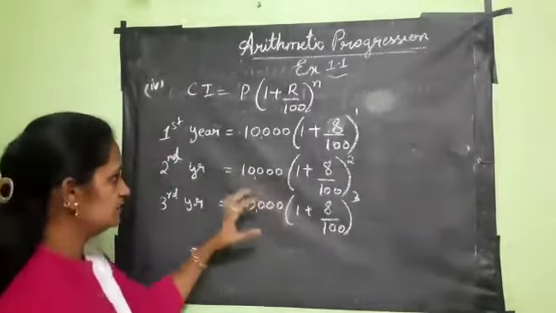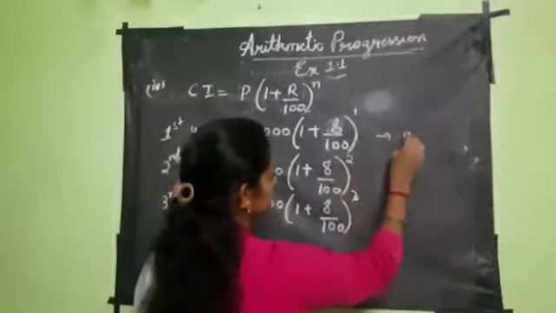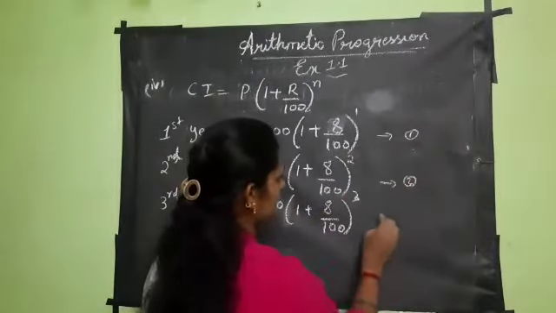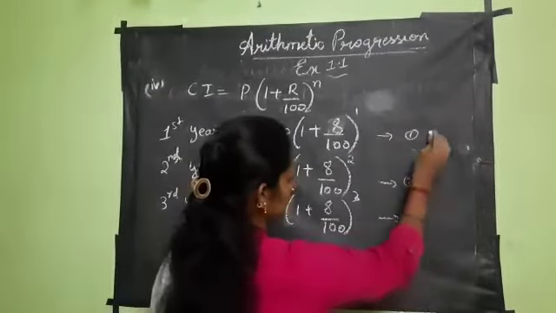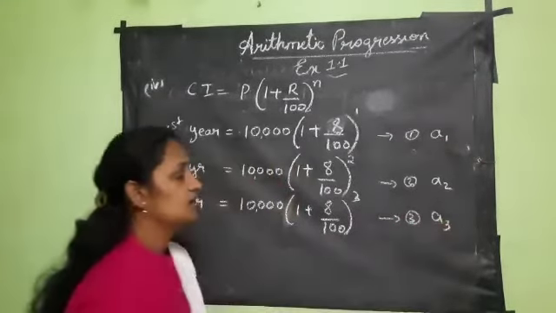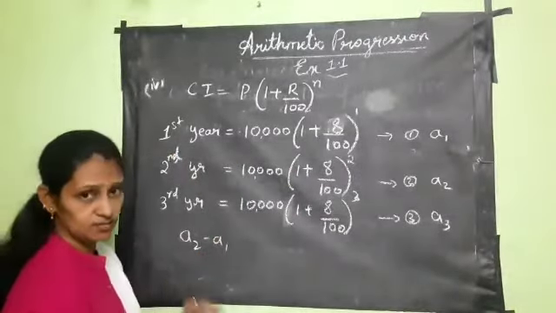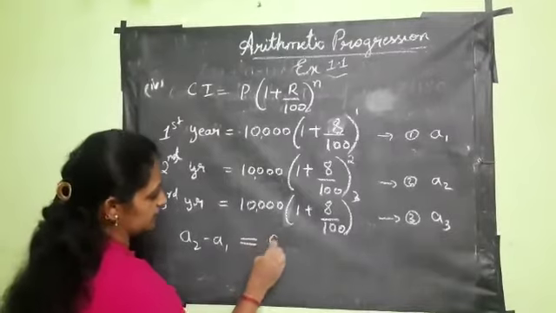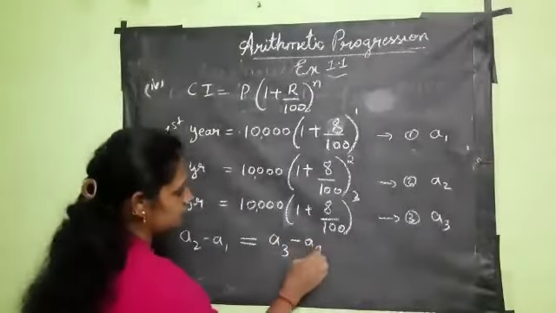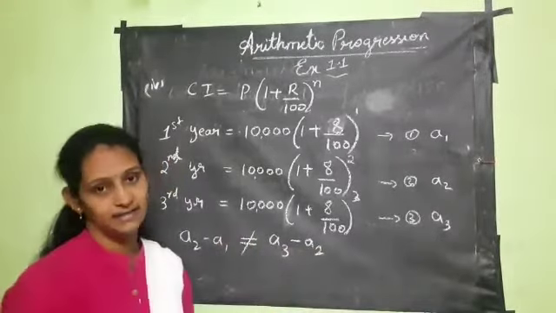Now observe here, if we consider these as A1, A2, A3, will A2 minus A1 be equal to A3 minus A2? It is not possible. It is not equal.